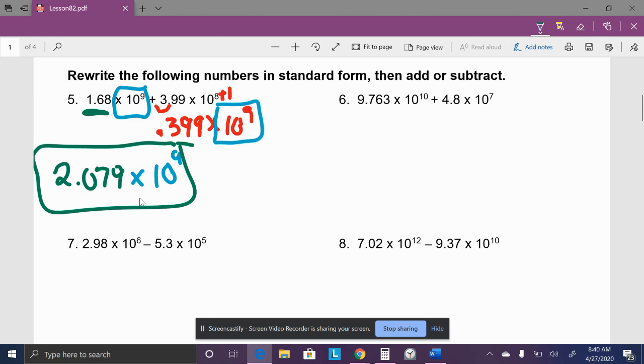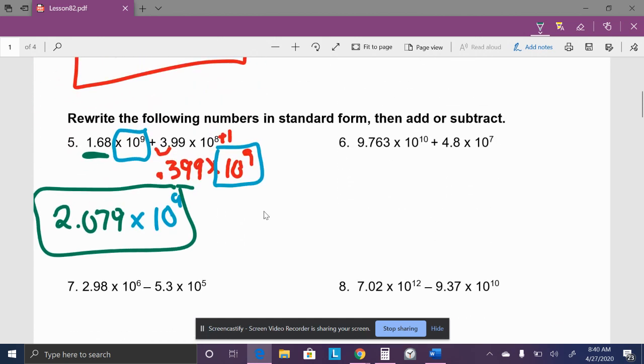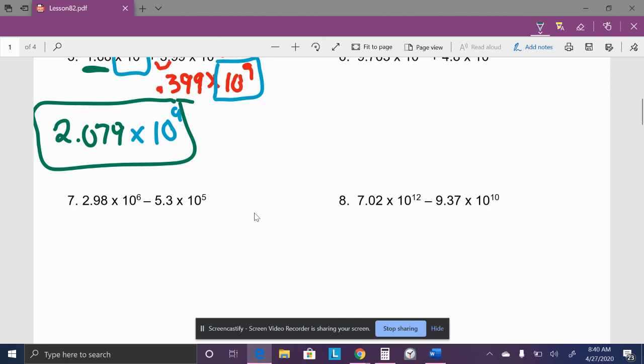All right, number 7. We have 2.98 times 10 to the 6th and 5.3 times 10 to the 5th. What I'm going to do is, actually, I'm not going to do number 7. I'm going to do number 8, because this is a subtraction one. Here, 7.02 times 10 to the 12th minus 9.37 times 10 to the 10th.